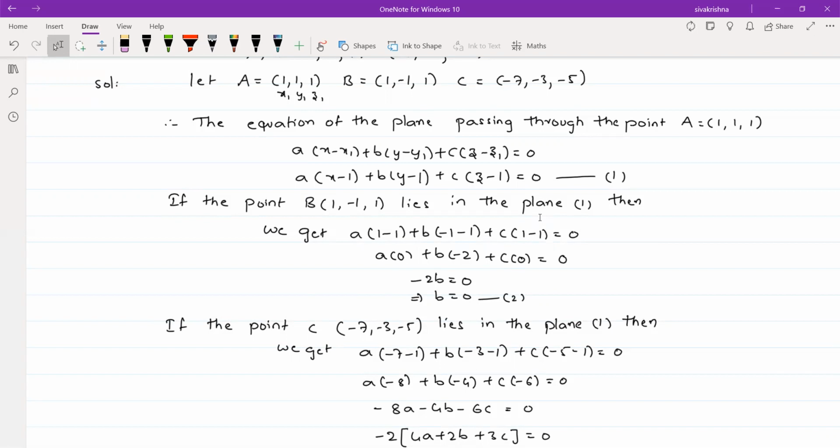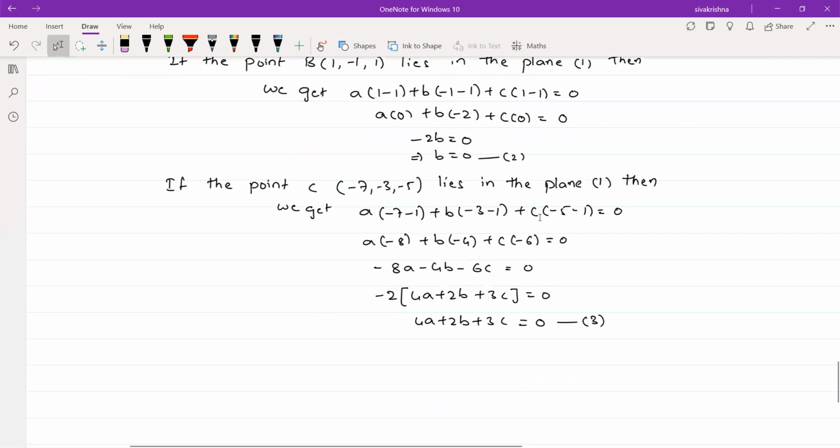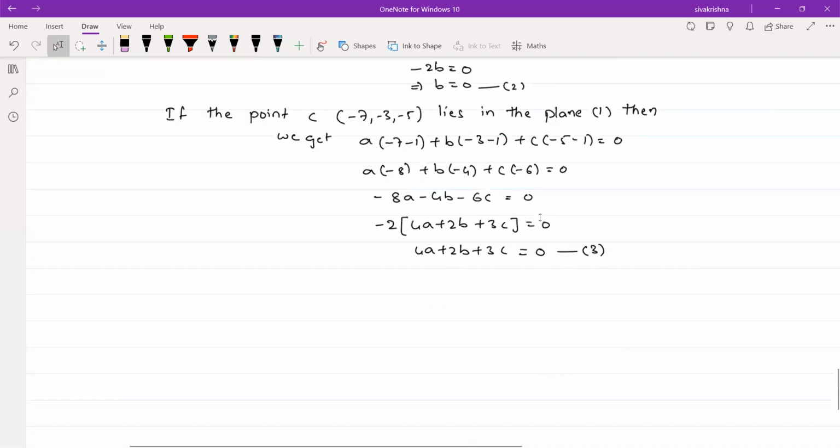Now what we have to do is solve equation 2 and equation 3 by the YCX method. The YCX method is nothing but, in equation 2 we are having, I am writing it in rough, 0a + 1b + 0c = 0.